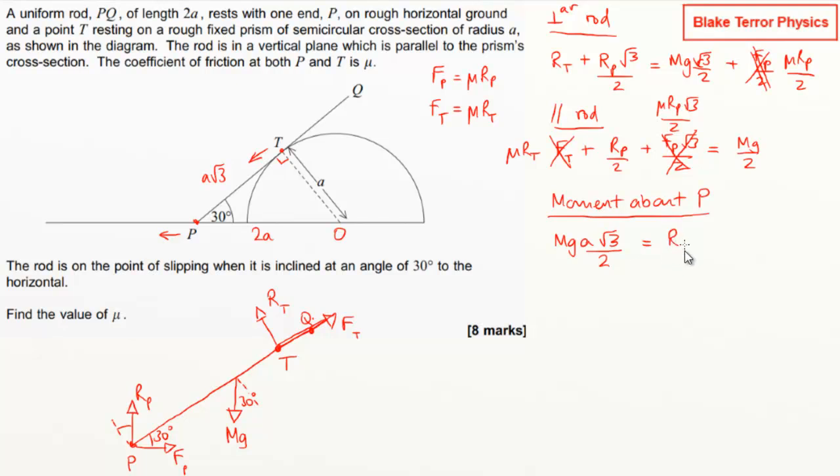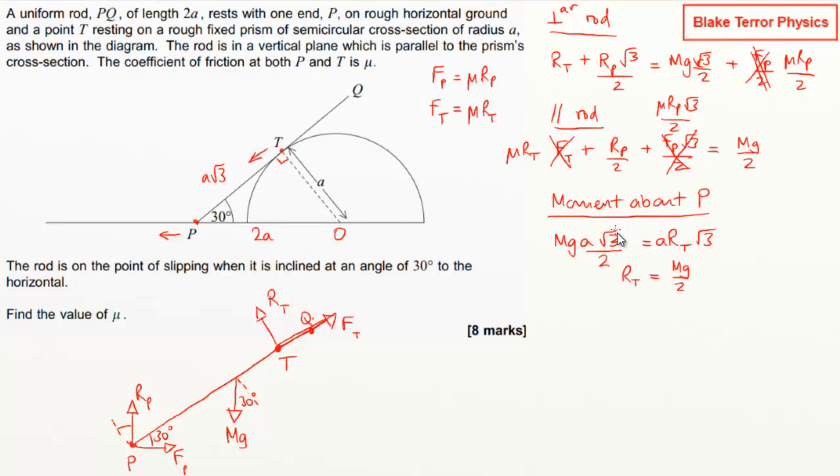So that is RT times root 3 and another a. I'll stick the a at the front so it doesn't look like it's sitting under the square root. We can cancel some things here because the a root 3's are just going to cancel. So this is immediately giving us that RT is equal to mg over 2.